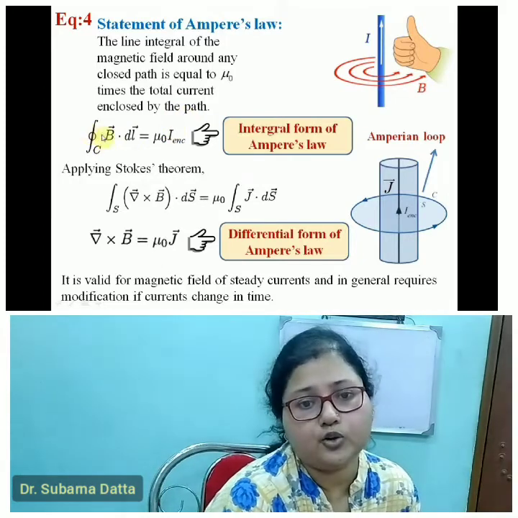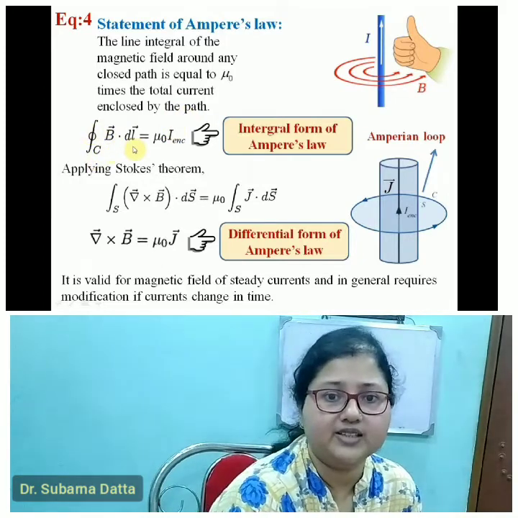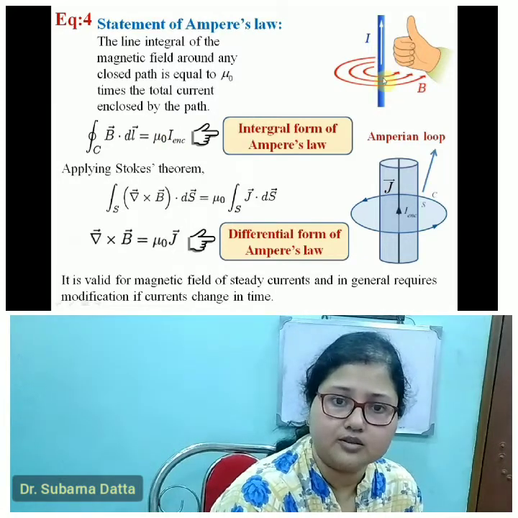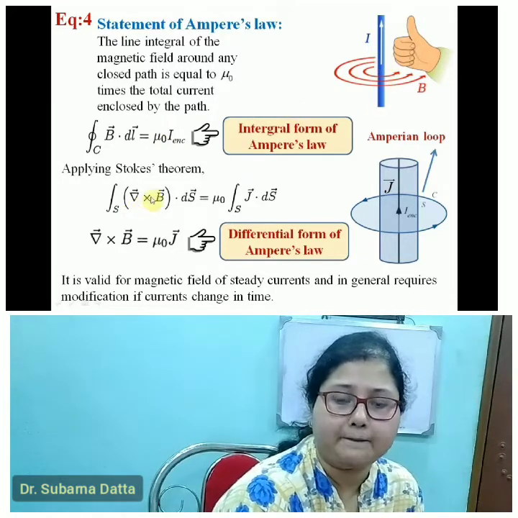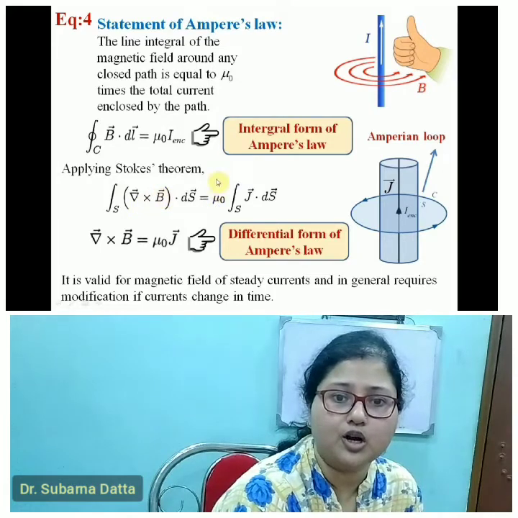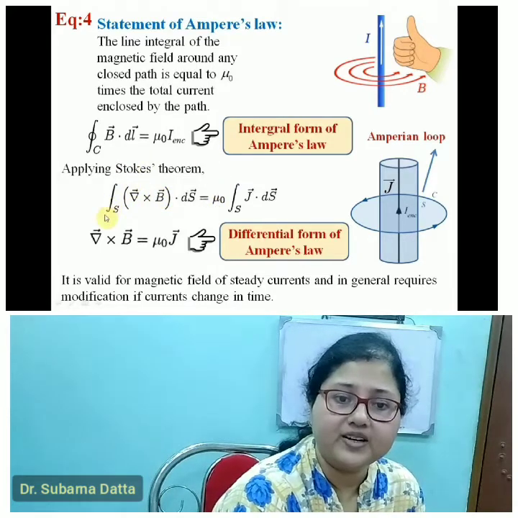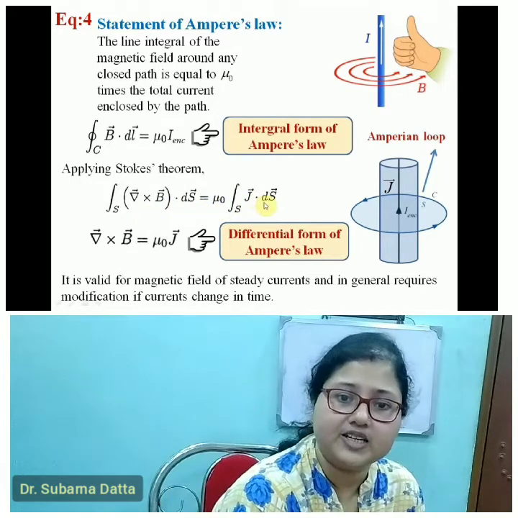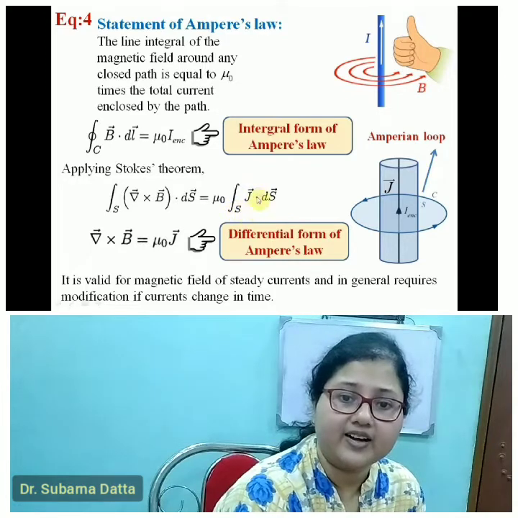That is, the closed line integral of B dot dl is equal to mu0 I enclosed. Applying Stokes' theorem, the open surface integral of curl of B dot dS is equal to mu0 times the open surface integral of J dot dS. J is the total current density.